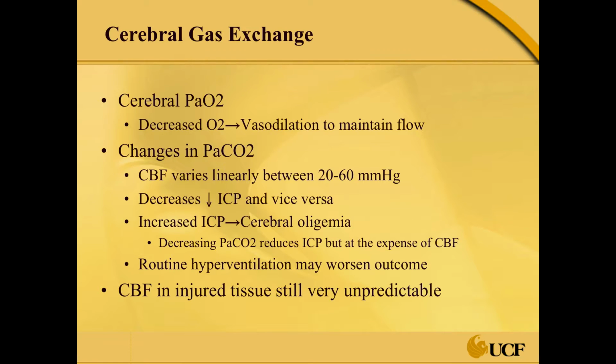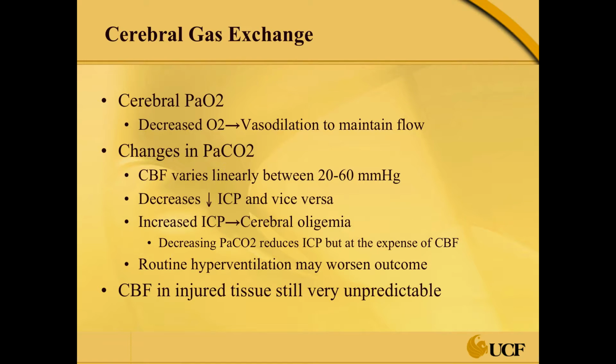Changes in PaCO2: cerebral blood flow varies linearly between about 20 and 60 millimeters of mercury. Decreases in the CO2 will result in decreased ICP and vice versa. So one of the things that we used to do, now we know that it's pretty much a last ditch effort, or it's not done at all, is clinically induced hyperventilation on the vent.